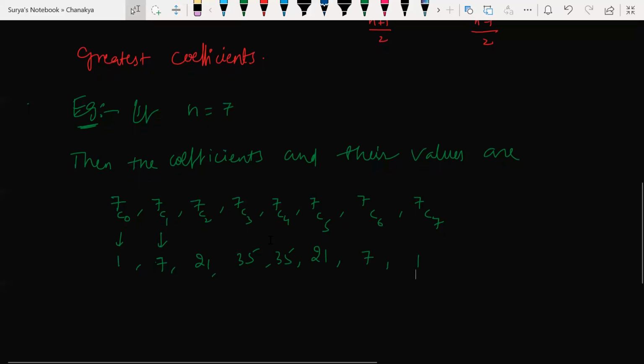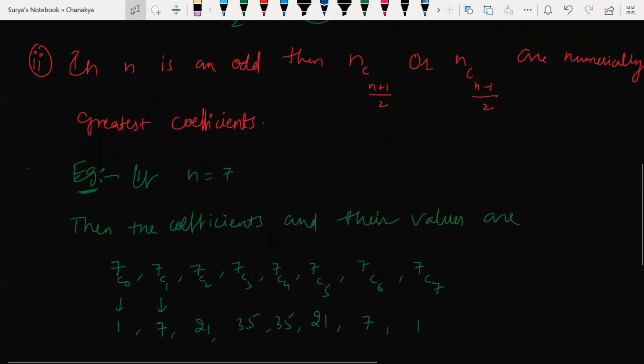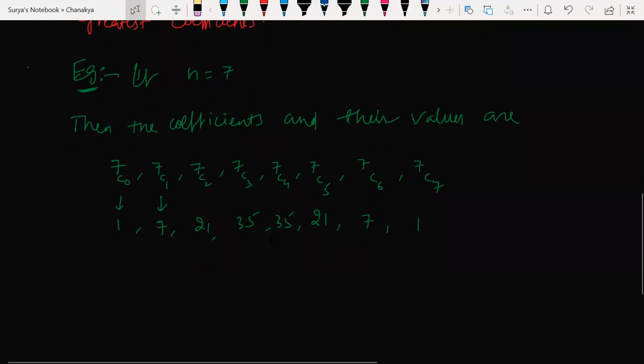Now by formula, what exactly is the greatest coefficient here?